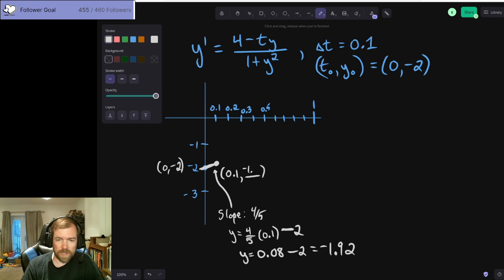So this is going to be -1.92 in here. And now we have to just rinse and repeat. So we're going to say again, at this point, we're going to want our y prime from here.